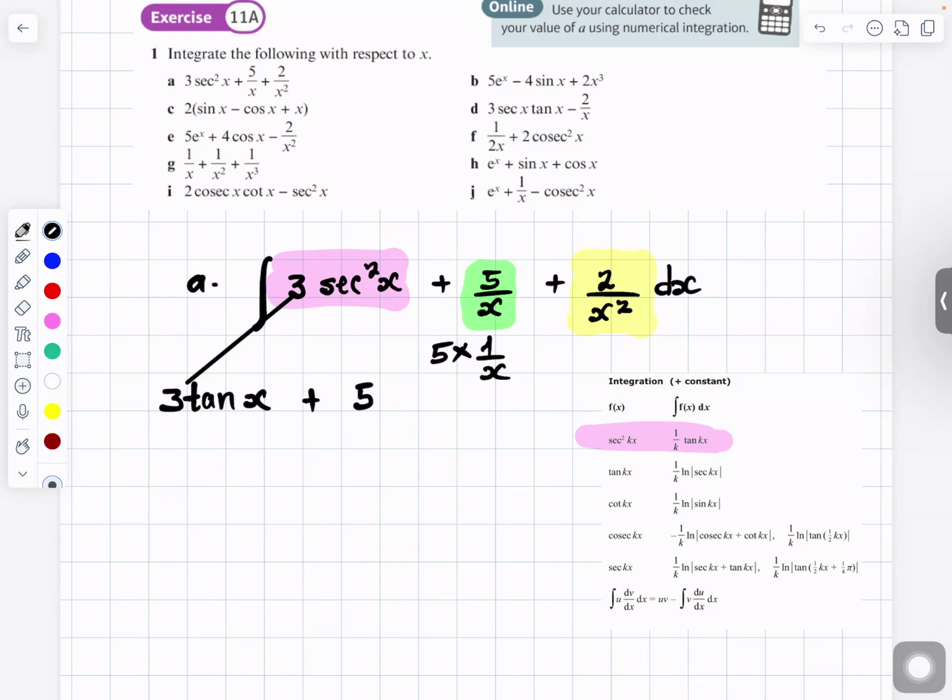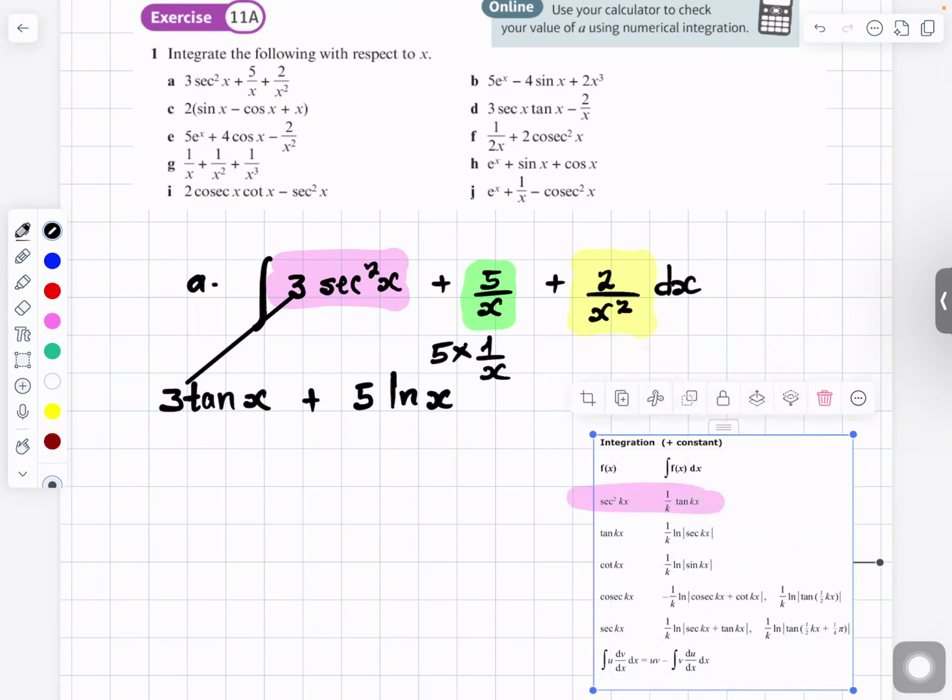It becomes ln x. Yes, 1 over x becomes ln x. That's another one which is not in the formula book, but you just need to memorize that.